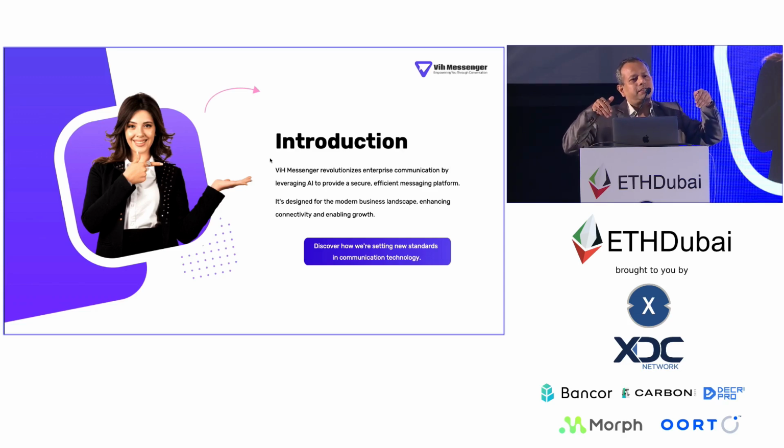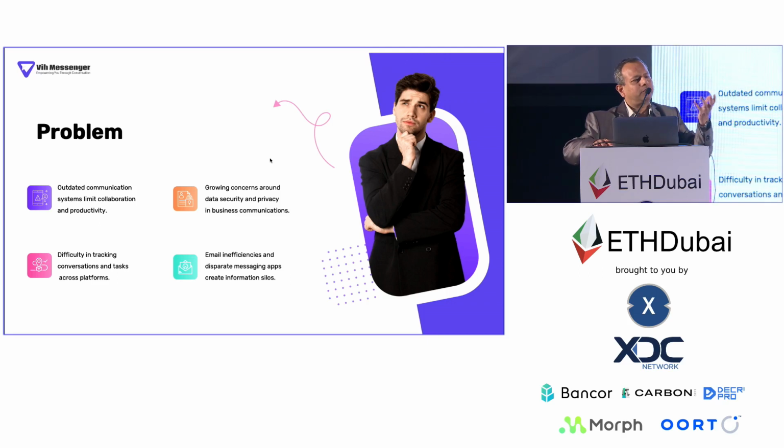But the OTTs have found a way to bypass the telcos. Talk to any telco today, and the main problem they say is that the investment has gone from their side, but the monetization is happening from the other side. It's the OTT players who are able to monetize it much better than the traditional telcos.